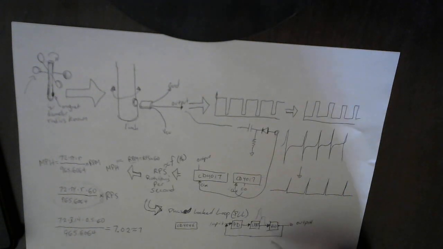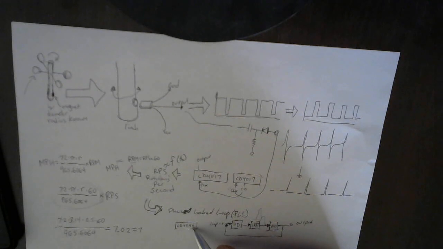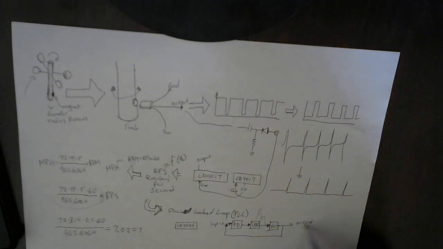So this CD4046, if left alone, the input here is going to equal the output completely. So what we're going to do is put within the feedback loop a voltage, not a voltage, I'm sorry, a frequency divider. I don't know if this can be seen.